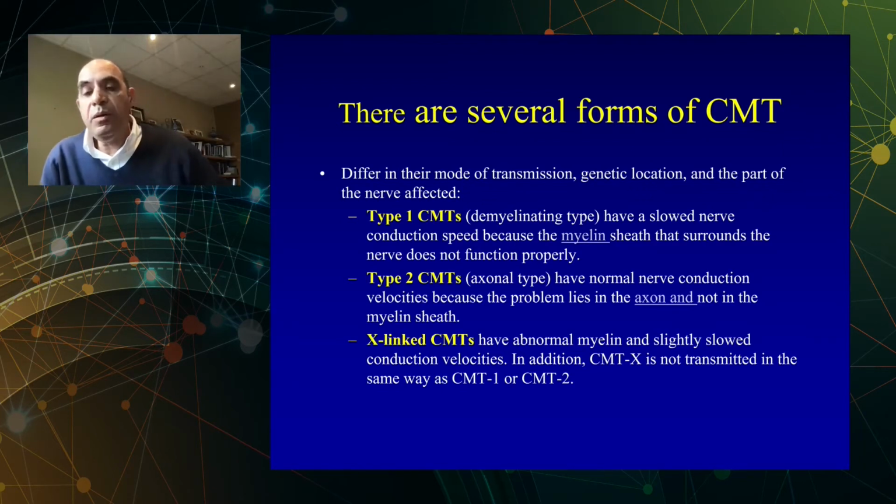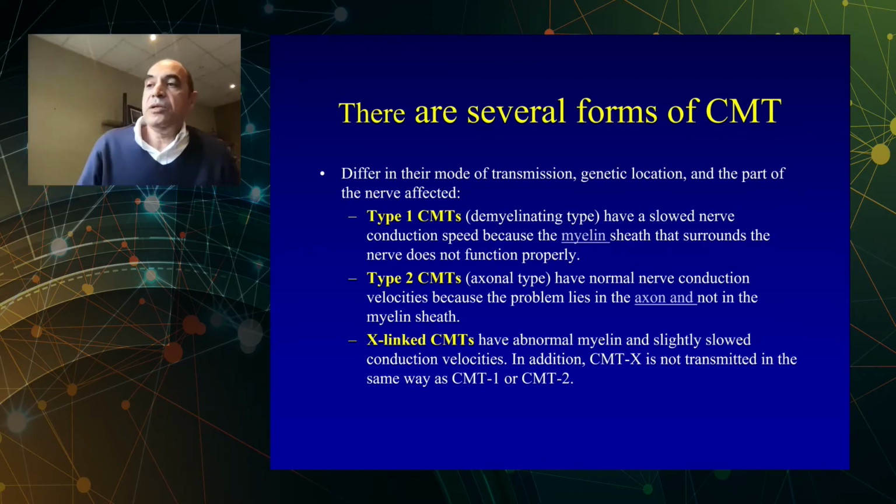Three major families. Type 1 is the dominant type, with a slow nerve conduction velocity because the myelin sheath that surrounds the nerve doesn't function correctly. CMT type 2 is called the axonal type, with normal conduction velocities, since the problem lies in the axon and not in the myelin sheath.